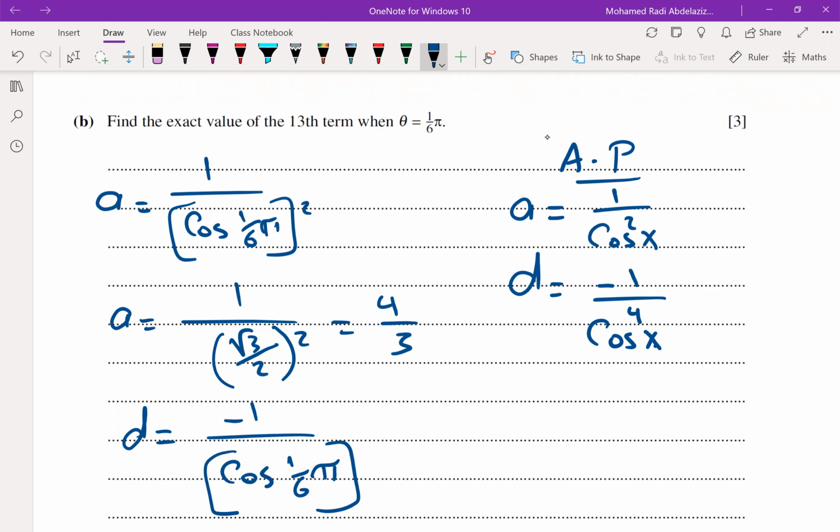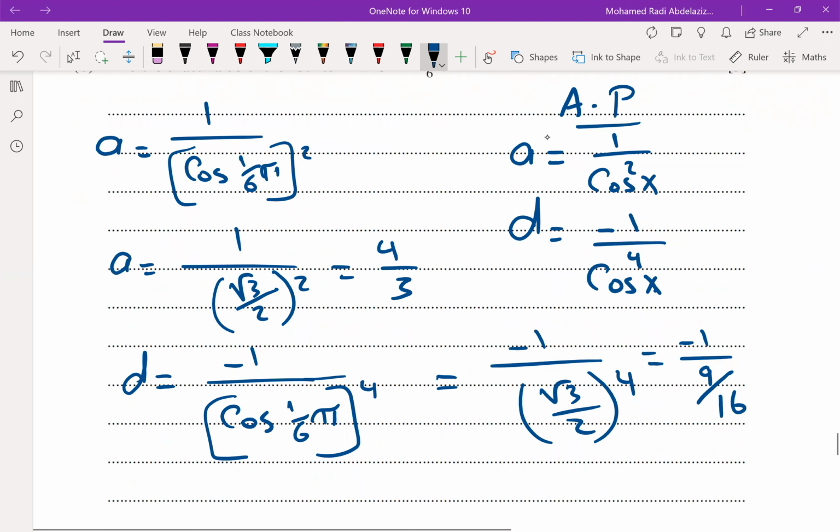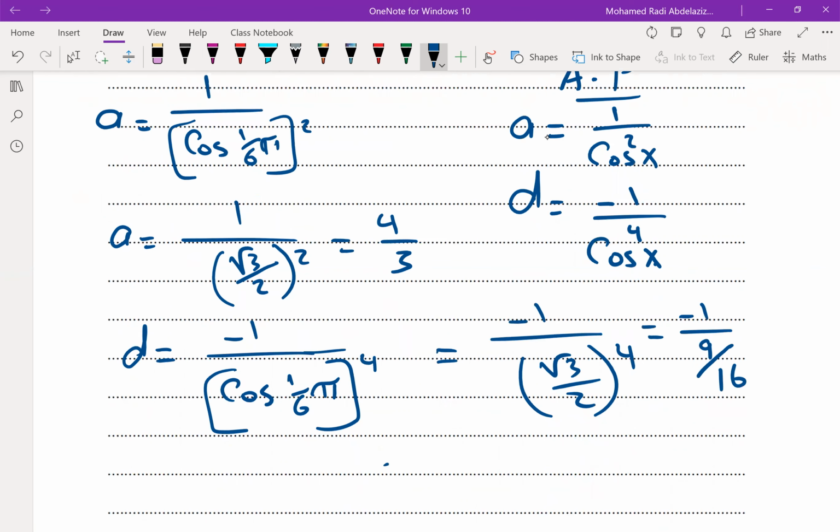Write it like this, all to the power of 4. The exact value of cosine 1 over 6 pi is root 3 over 2, the whole to the power of 4. Simplified is negative 1 over root 3 all to the power of 4, which is 9, 2 to the power of 4, which is 16. Simplified, you will get D is equal to negative 16 divided by 9.